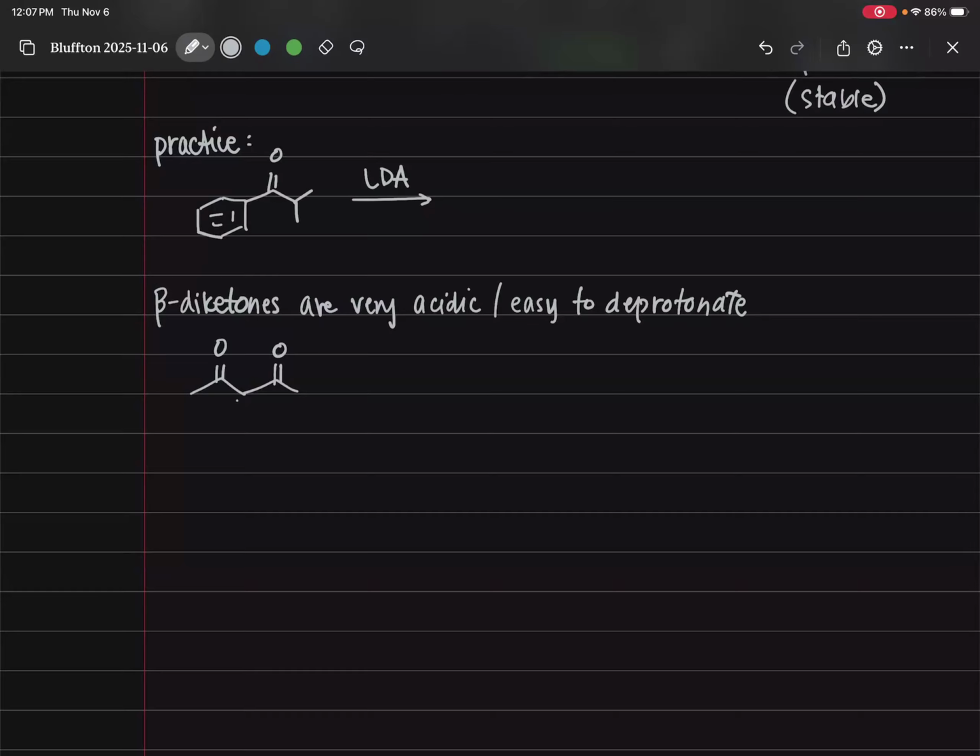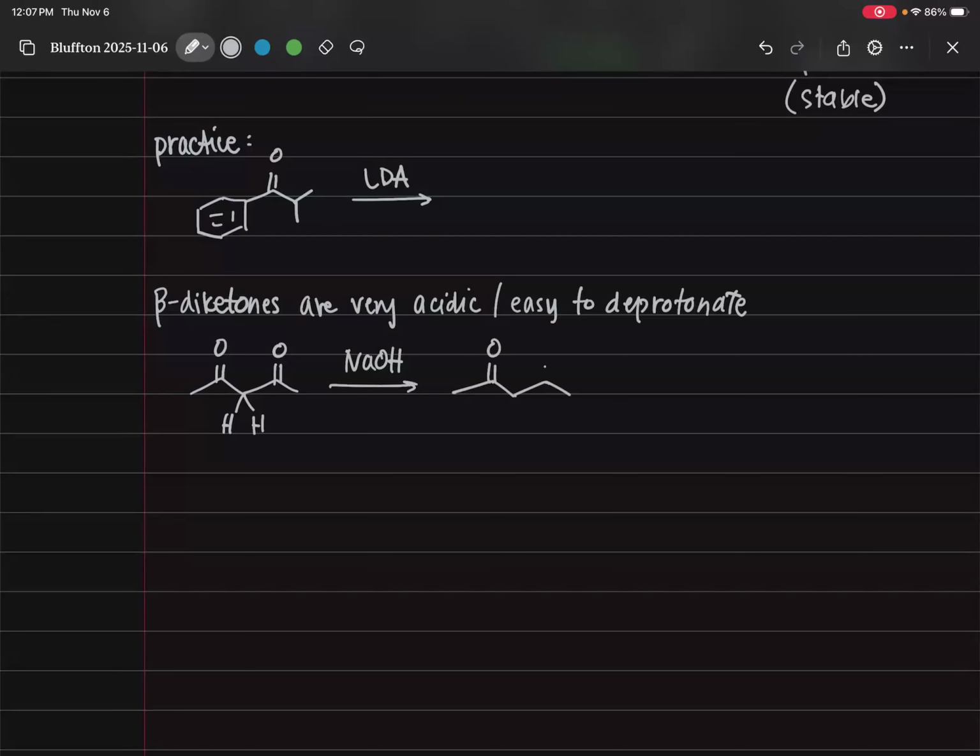The reason that these are very acidic, specifically they're acidic at those hydrogens, is because, and here I'm going to use, yes, sodium hydroxide is a strong base in general chemistry, but here it's quite weak compared to the other bases we're using.